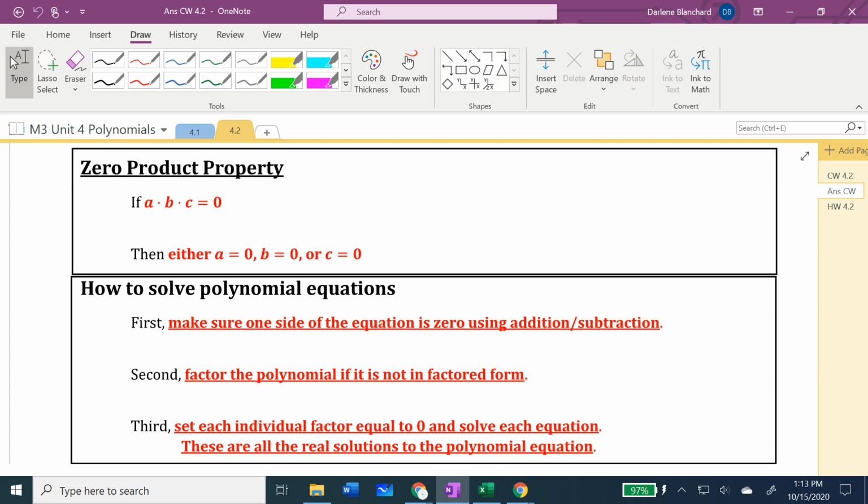I'm sure things will change. But for now, I need to make sure that you know the language that's expected for you as you go into your science courses so that your science teacher does not have to teach this to you. Zero product property. Make one side 0 before you do anything.